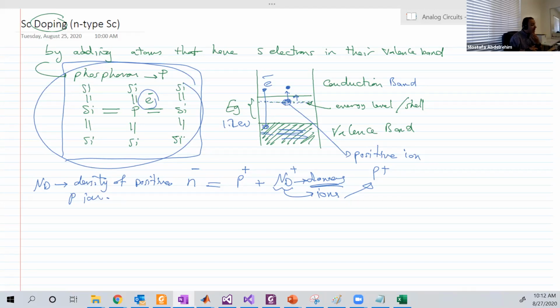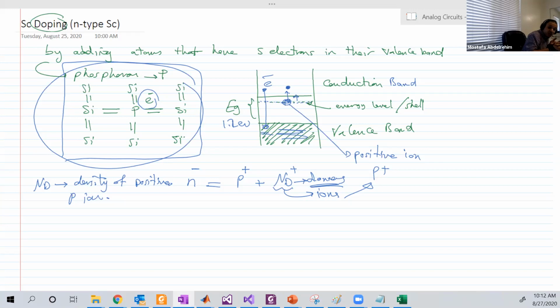And we said that even if we do that and increase the concentration of the electrons, we still have neutrality. We still have positive charge equal to negative charge.